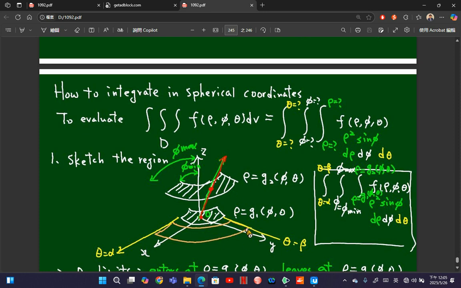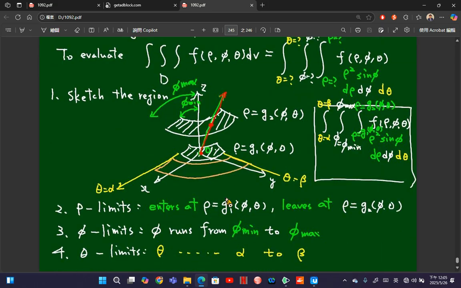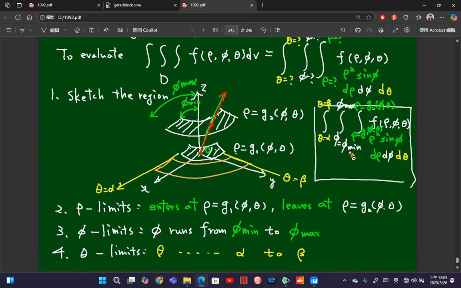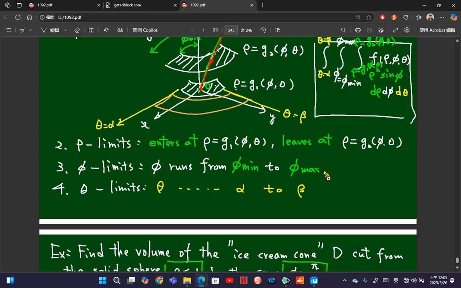Then you can see we will pass the first surface, then leave the second surface, and then just project it to the xy plane. Then you can continue to fix the limits for the phi part, and finally the theta part, right?